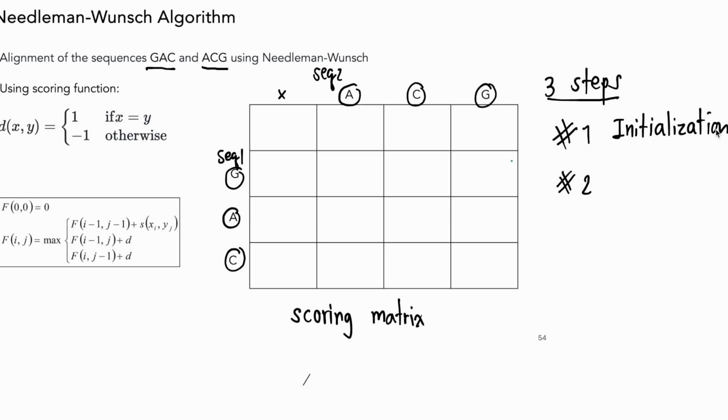The second step is called matrix filling. And the last step is called trace back. These are the three main steps that we will be working on.